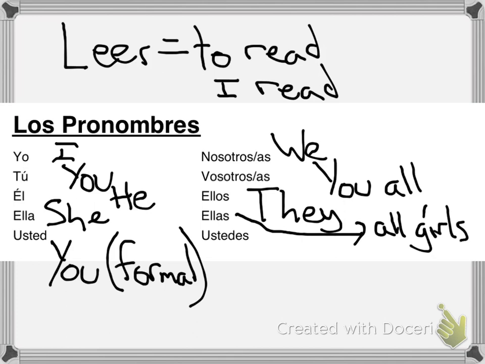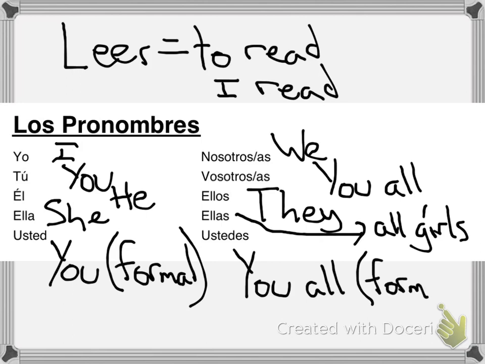And finally, ustedes, which is you all formal. So these are the subject pronouns that you are going to have to use when completing verb conjugation. Okay? This is how we get to I read from to read.